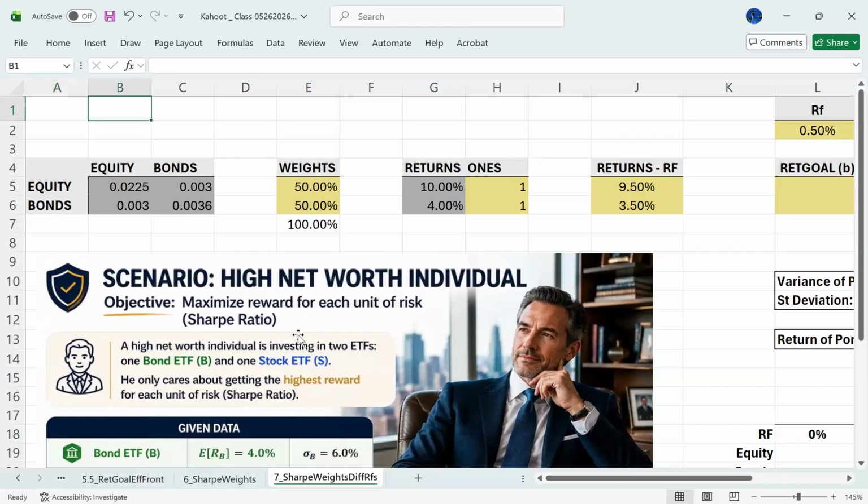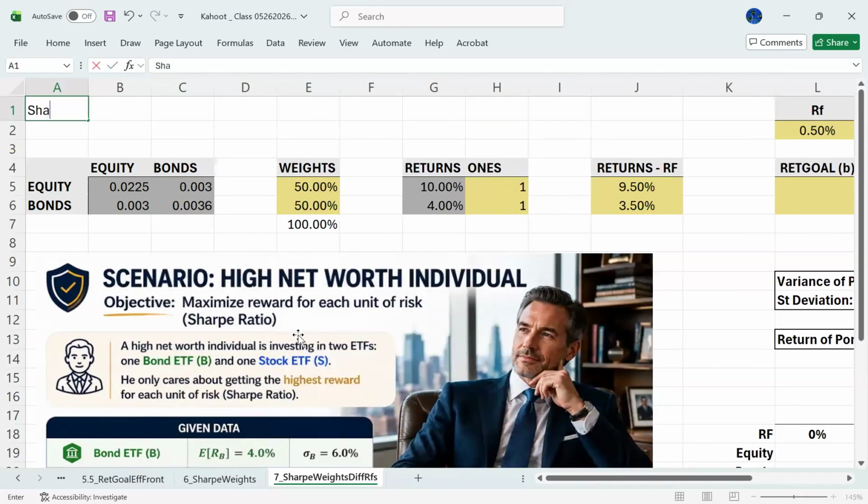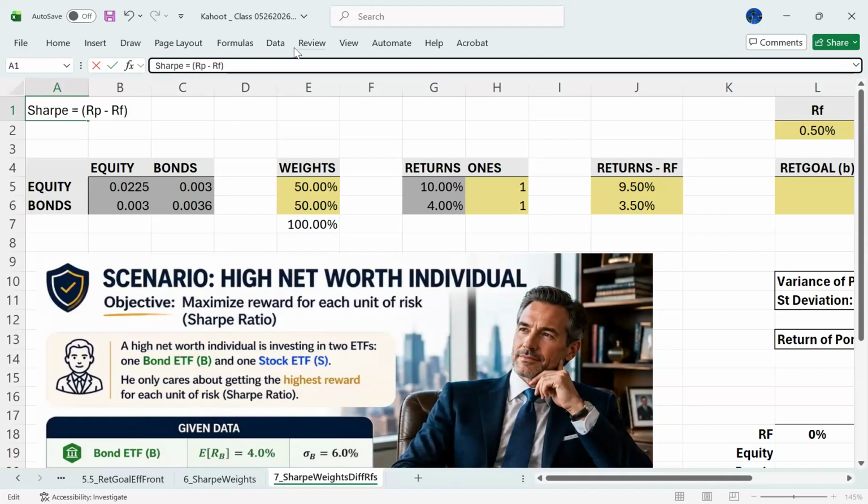I have a matrix formula here, but the Sharpe ratio is just the return of a portfolio minus the risk-free rate, so the excess return, that would be the expected return if we are evaluating with a forward-looking perspective, and then divided by the standard deviation.